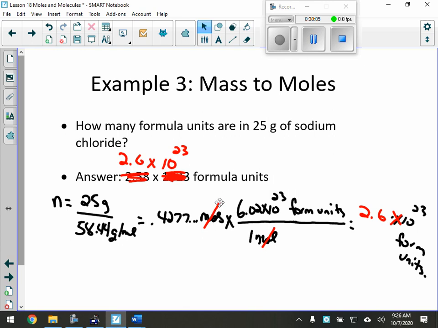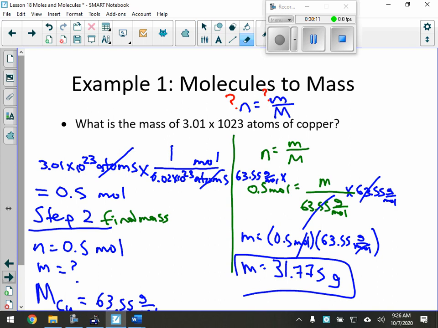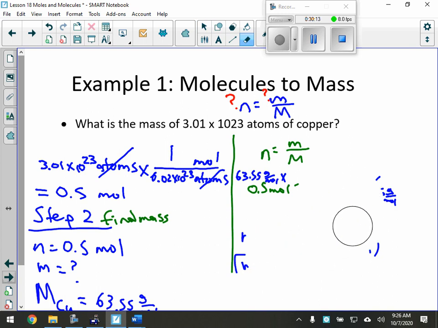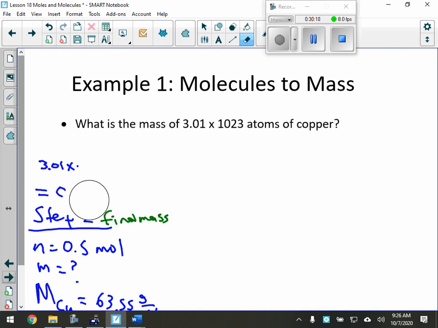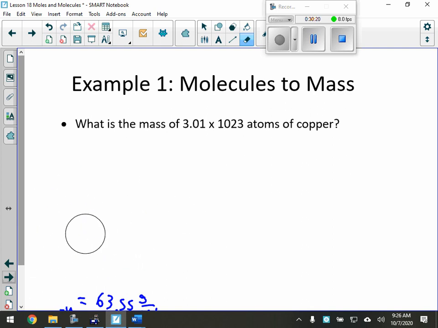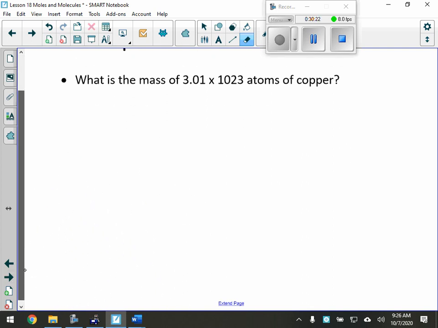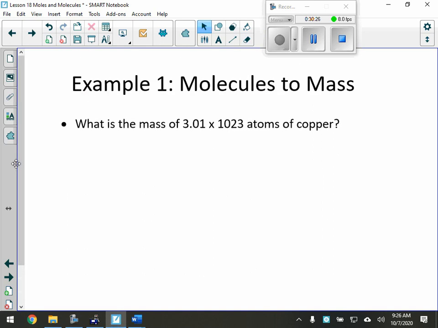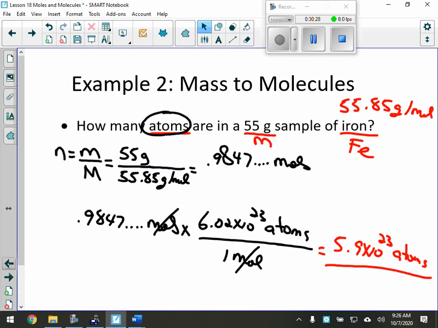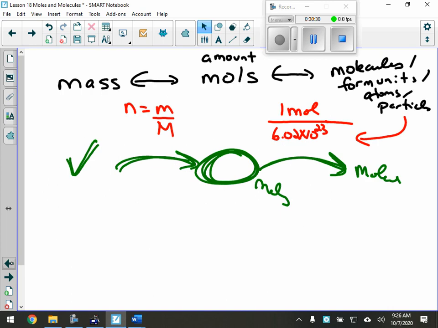Yeah, they'll tell you that usually. Okay. All right. Now, what happens if we wanted to do the opposite? So, quite often here, we're going to work backwards as well. You're going to find that whatever we do one way, we should be able to do backwards as well. So now, when we got molecules to mass, if you remember this here, what we're doing now is going from molecules to moles.